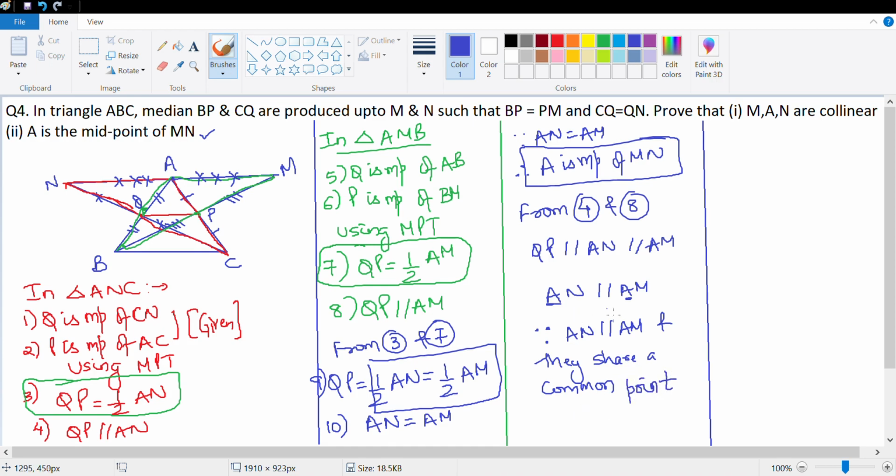Therefore, NAM is a straight line, because A is a part of NA and A is a part of AM as well. Since they share a common point, therefore MAN is a straight line. Perfect. I hope you got this point. If two lines are parallel, then they cannot have any common point. But in this case, these two lines are parallel, which means they are a part of the same line.